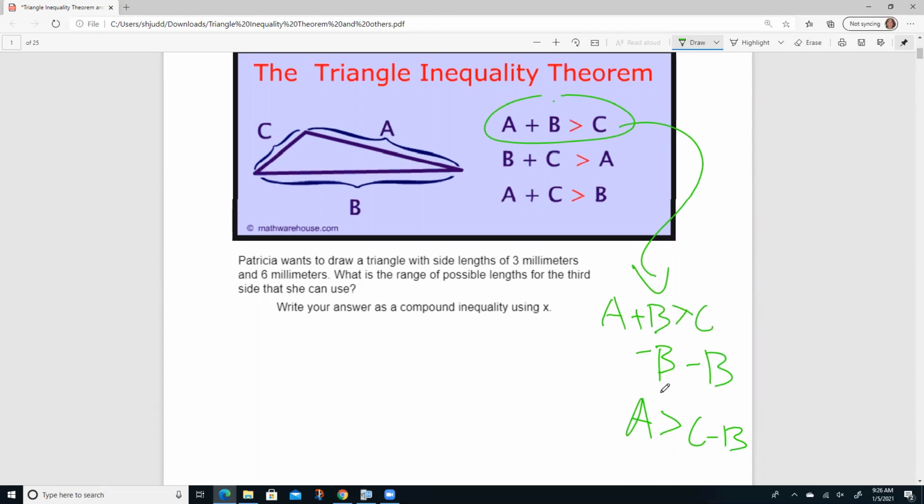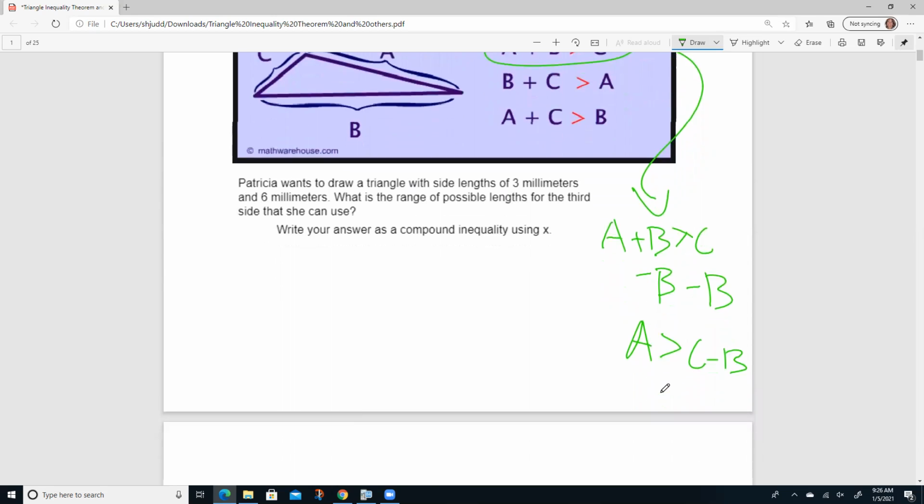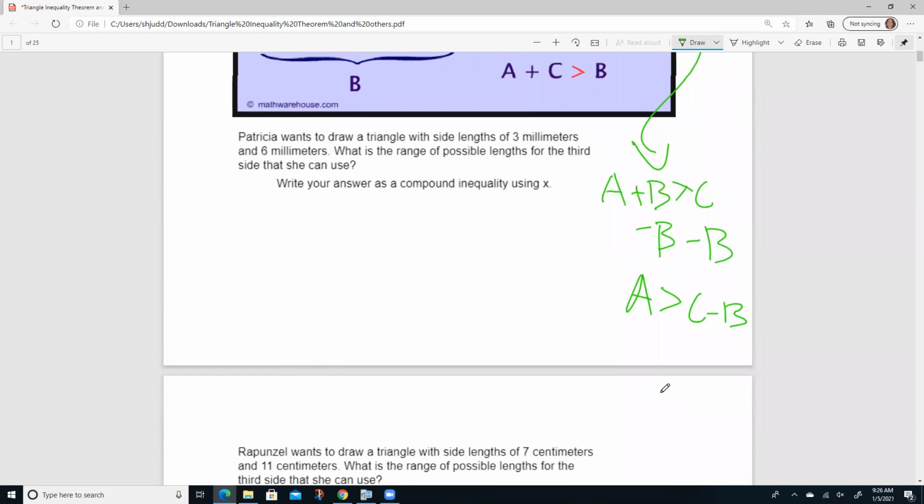So it says Priscilla wants to draw a triangle whose side lengths are 3 millimeters and 6 millimeters. What is the range of possible values for the third side that she can use? Okay, so from this example, we're going to subtract A and B, and we're going to add A and B, and C is the side that we want to solve for.